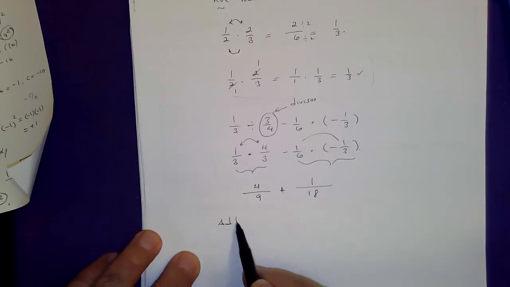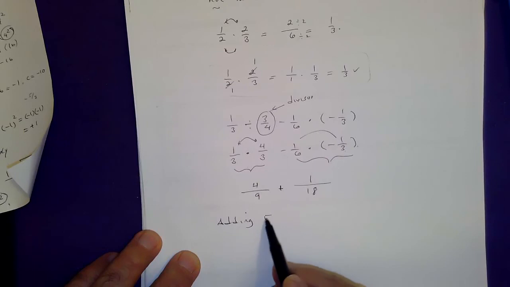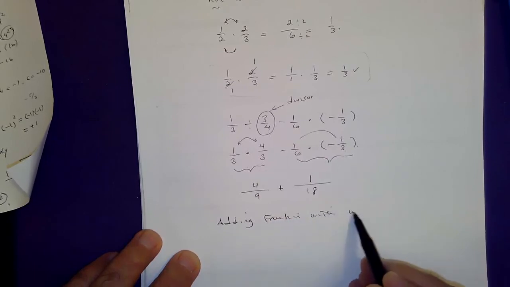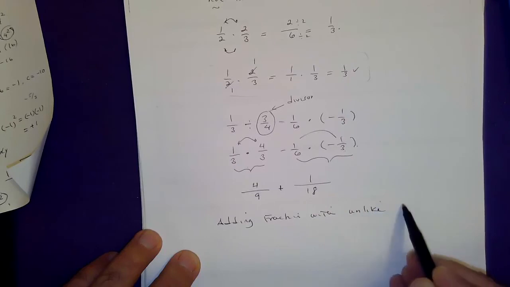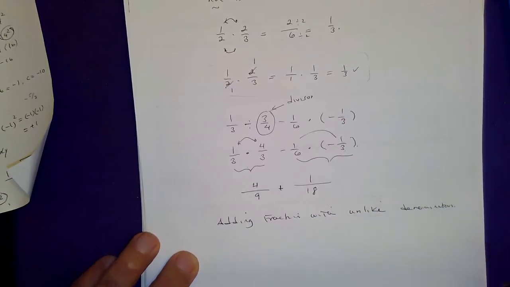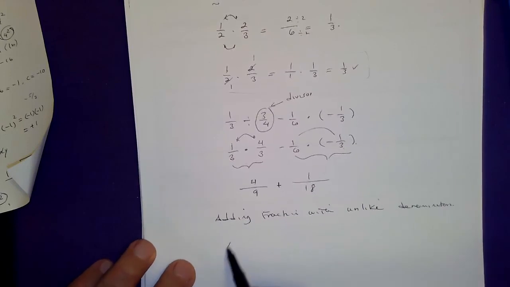Now it looks like we're adding fractions with unlike denominators, correct? So we need the lowest common denominator.